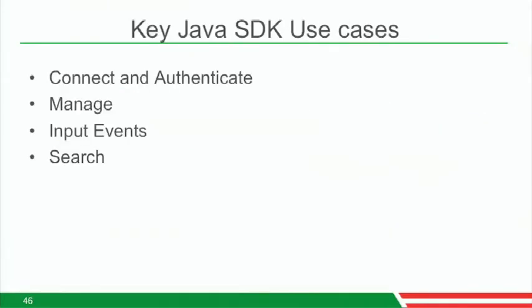So the key things you're probably going to want to do with the Java SDK, and which I'll show some code on now, are obviously connecting to the core Splunk platform and authenticating, managing all the various things like users and applications and saved searches and the tags and event types, getting data into Splunk, which is quite important, and obviously getting data out of Splunk and searching and using our Splunk search language via the SDK.